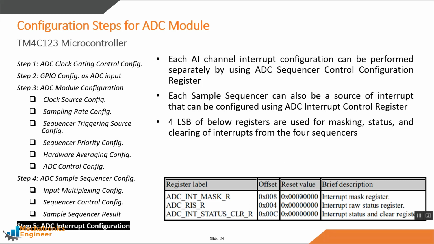The least significant 4 bits of these registers are used for interrupt masking, status and clearing of the interrupts for the 4 sequencers. Bit 0 of these registers corresponds to sequencer 0 while bit 3 corresponds to sequencer 3.